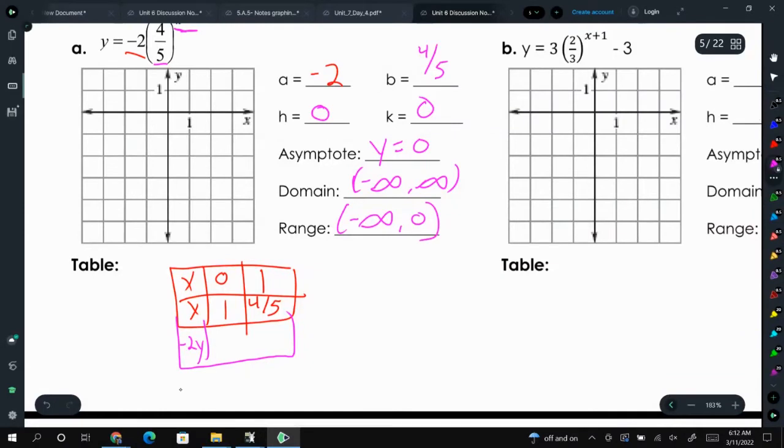So 1 times -2 is -2. 4/5 times -2 is -8/5, which is going to be close to 2, between 1 and 2. So when we graph that, we're going to estimate that. So 0, -2 is right here. And 1, just a little bit over 1/2 is there. So our graph will look like this.